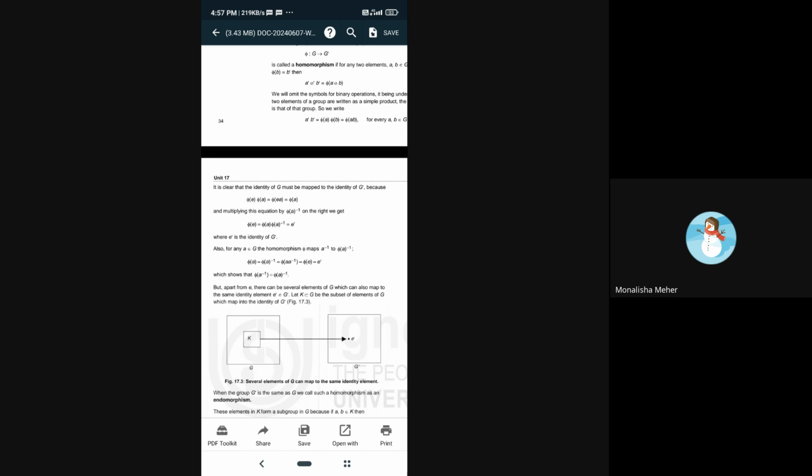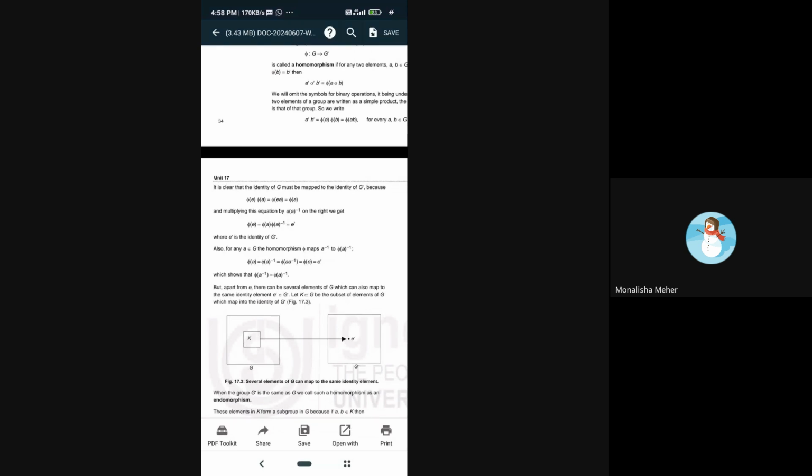So phi A phi A inverse is equal to phi A A inverse is equal to phi E is equal to E dash, which shows that phi A inverse is equal to phi A whole inverse.